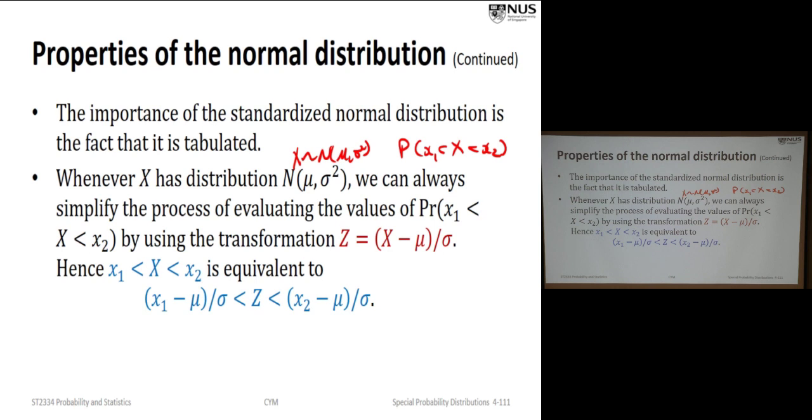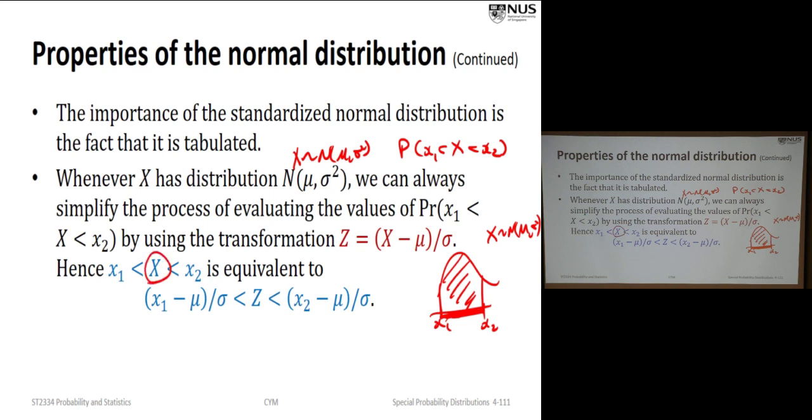So you can think of it like this. Suppose this is x following normal mu, sigma squared, and this is x1, this is x2. We are asking, what is the chance that the random variable lies between x1 and x2? So it's equivalent to this area. All right? So what we do is standardization.